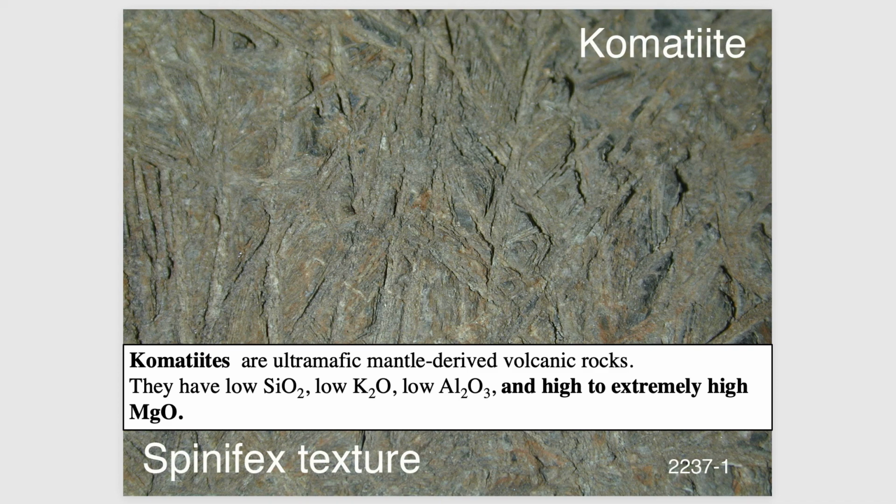These were also really hot, so they could flow really like the Hawaiian volcano lavas, and so they could form essentially rivers or flows of lava that would lead to the formation of things like lava tubes.